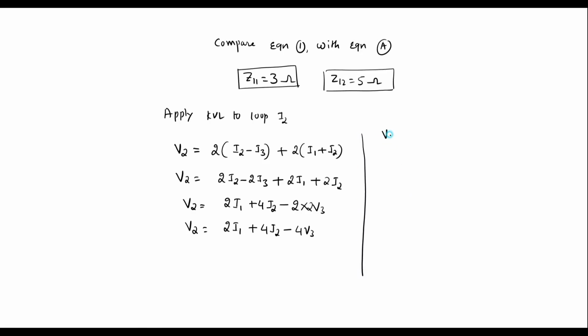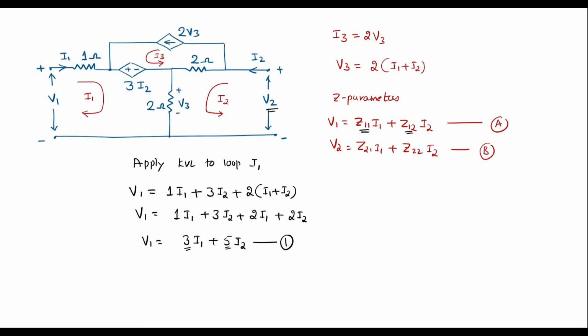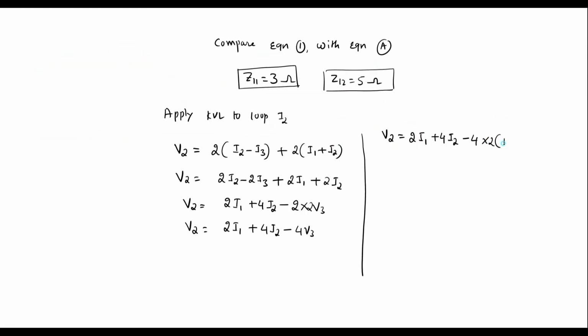So I can write V2 equal to 2I1 plus 4I2 minus 4 into 2 into (I1 plus I2). So I can write V2 equal to 2I1 plus 4I2 minus 8I1 minus 8I2.